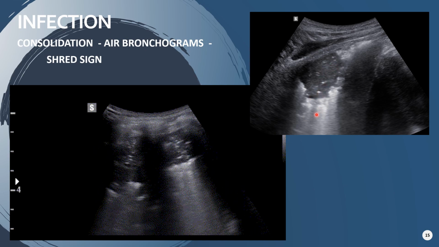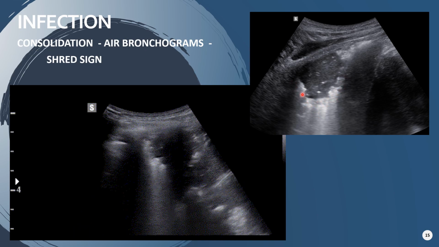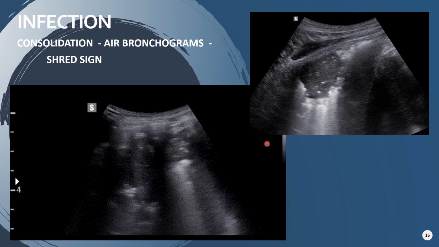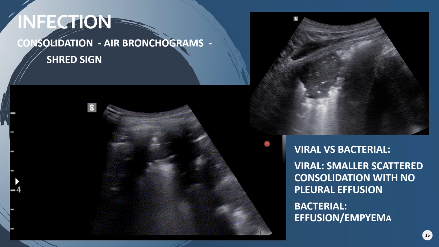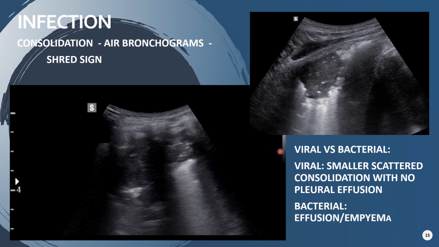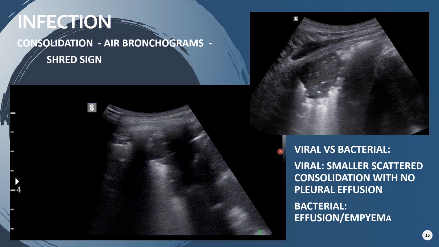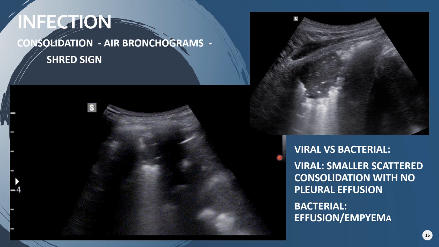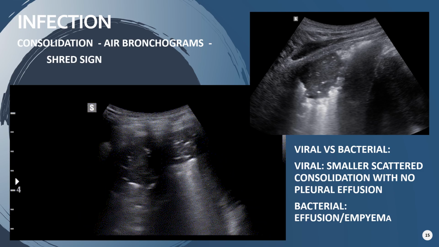That's air in the bronchioles, and you get this shred sign here with the consolidation in the lung. You can differentiate viral from bacterial to some extent. Viral tends to have smaller scattered consolidation with no pleural effusion, whereas bacterial tends to have a larger pleural effusion and empyema.